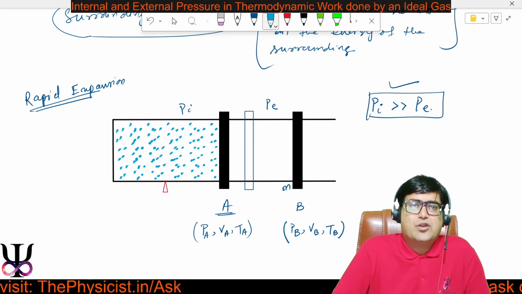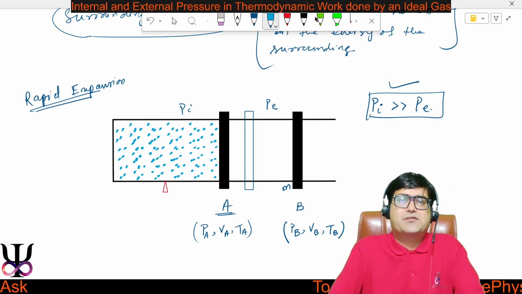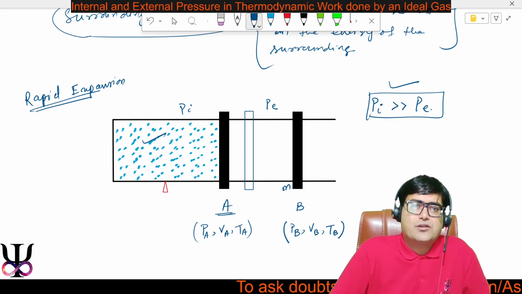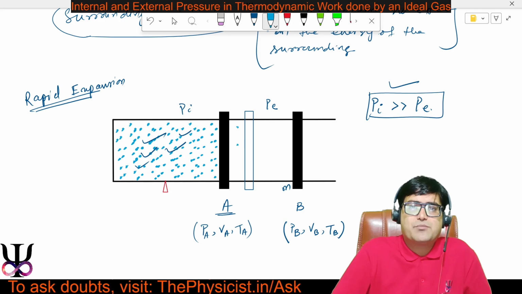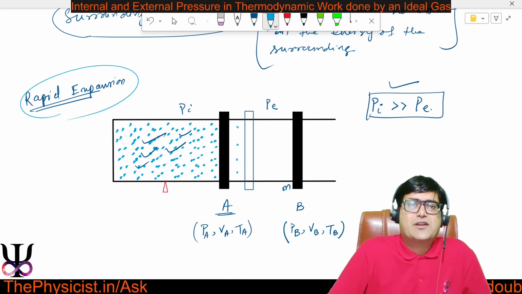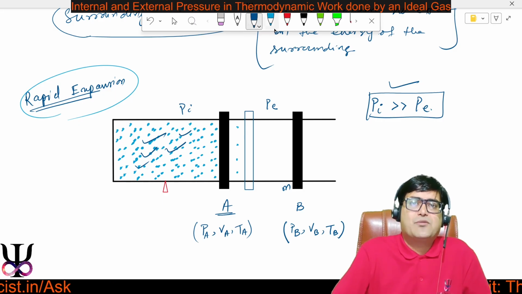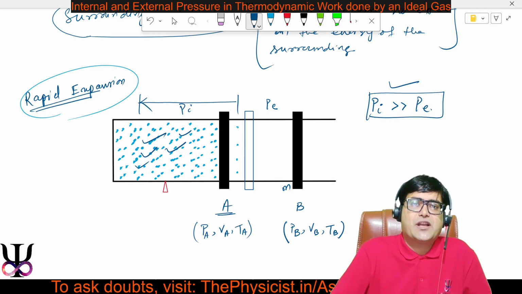Look at this distribution, the pressure distribution inside the gas, and look at the pressure distribution just near the piston. In a rapid expansion, what you have is a pressure gradient.